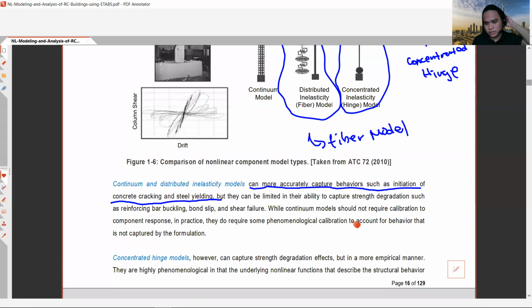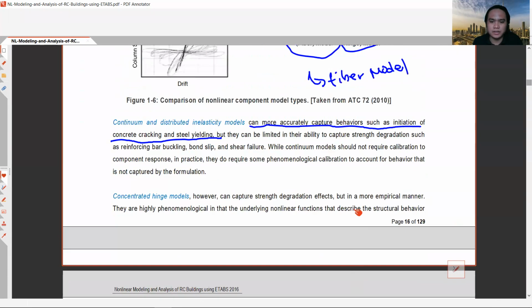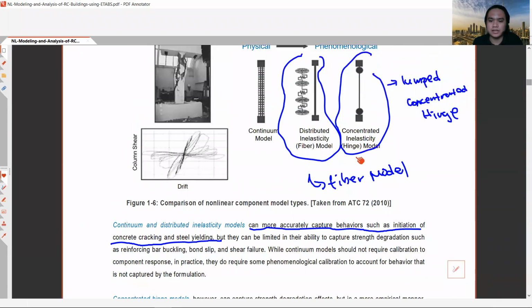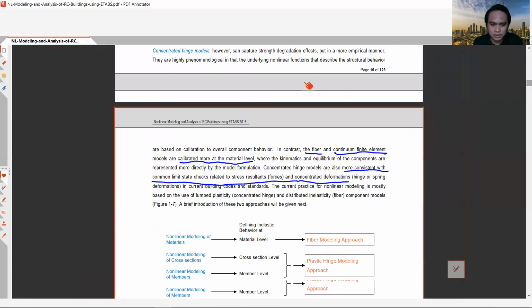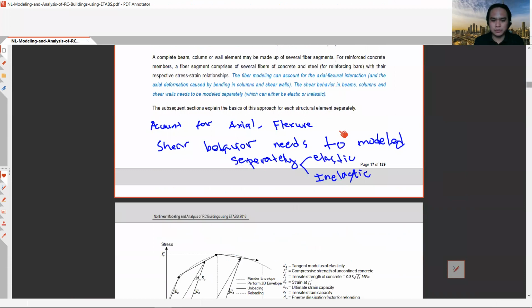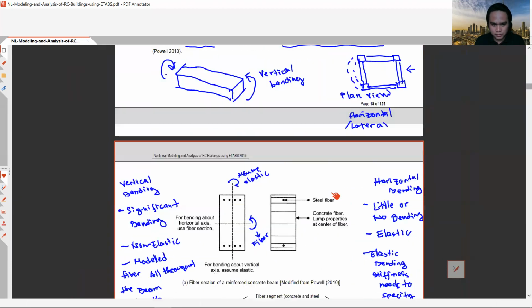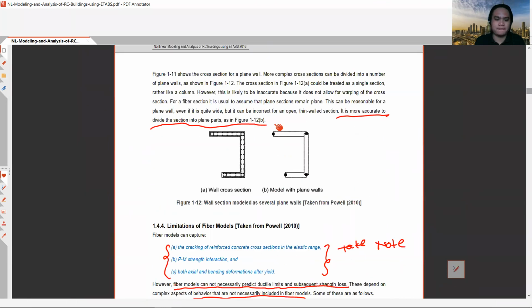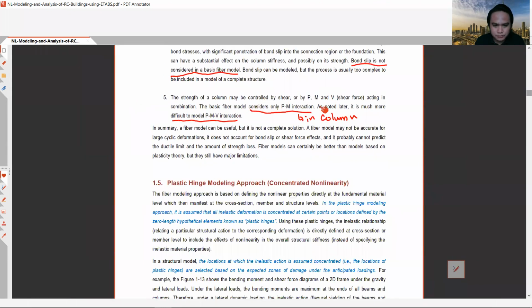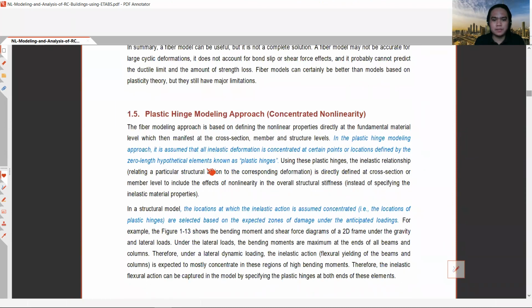Okay, so ngayon dito tayo sa hinge model, concentrated inelasticity. Okay, so doon tapos na tayo sa fiber modeling. So dito na tayo sa hinge modeling. Okay. So plastic hinge modeling approach.